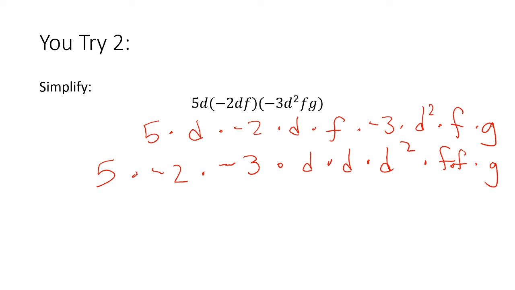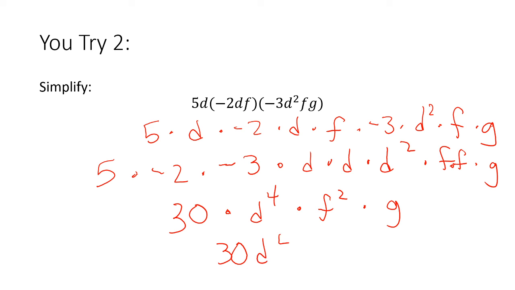Okay, let's combine things now. 5 times negative 2 is negative 10, times negative 3 is positive 30. D times d times d squared is d to the 4th, times f times f is f squared, times that lone g, that's going to be 30, d to the 4th, f squared, g.